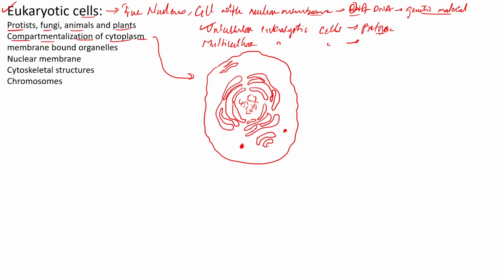We can draw one simple structure, which we can say is our Golgi apparatus. Here we have another structure called the mitochondria.